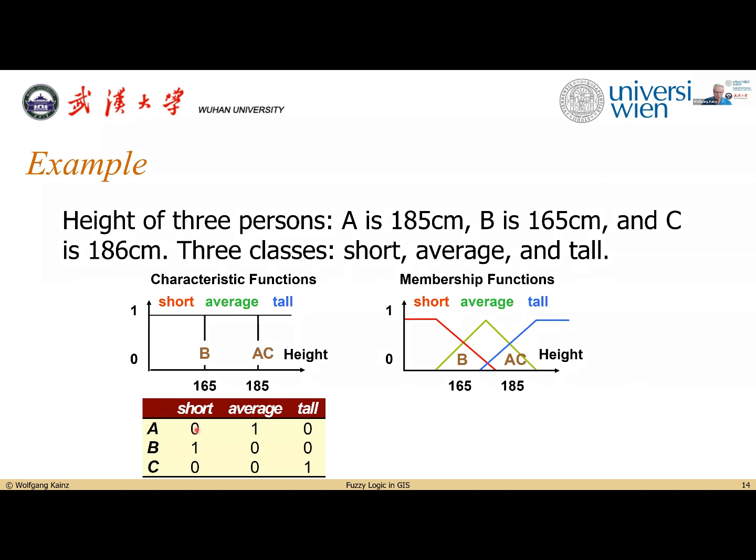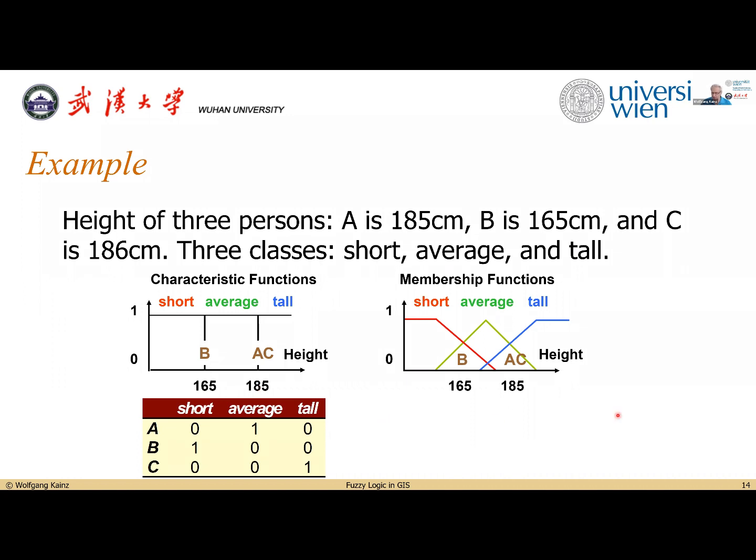And of course, it will not be in the short or the tall class. Person B will fall into the short class, and person C will fall into the class tall. Now, A and C have nearly the same height. As you can see from the data, there's only 1 centimeter difference. So if they stand next to each other, you might not be able to distinguish that they have a different height, but yet in our classification here, A is average and C is tall.